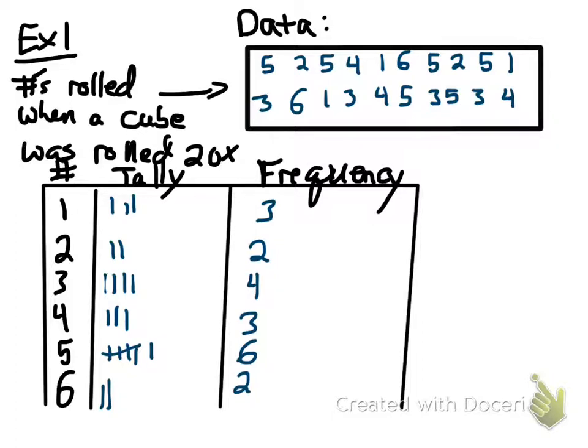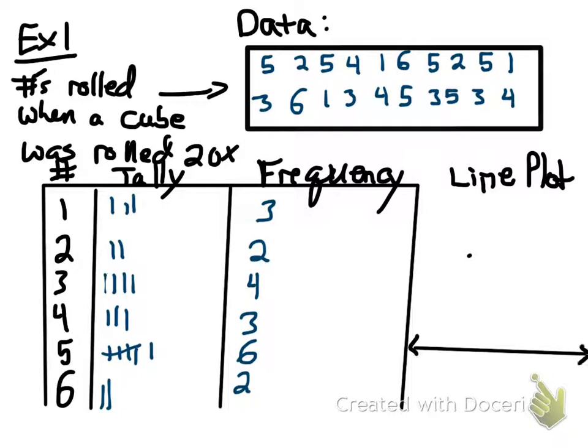Now that I have a frequency table done, I can also display this in terms of a line plot. So I'm going to make a line plot over here. For a line plot, you make a number line.